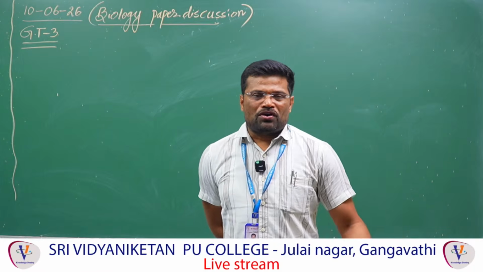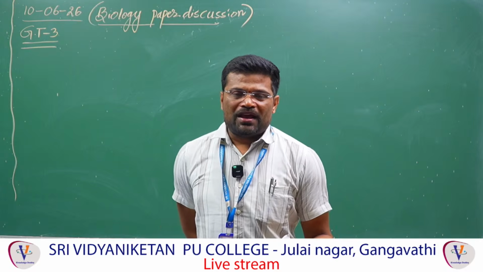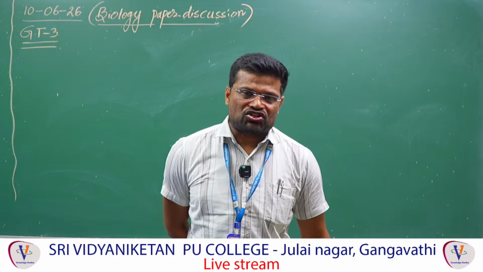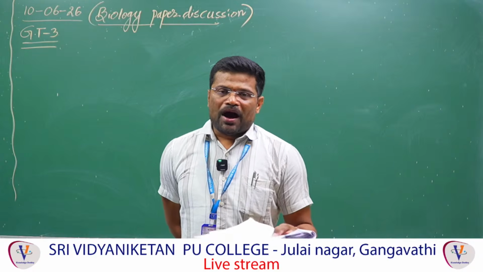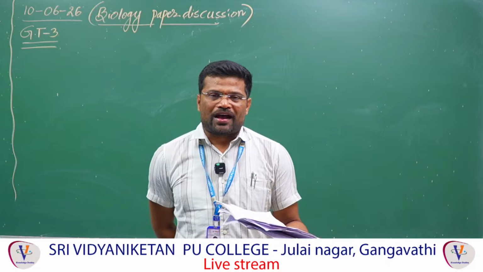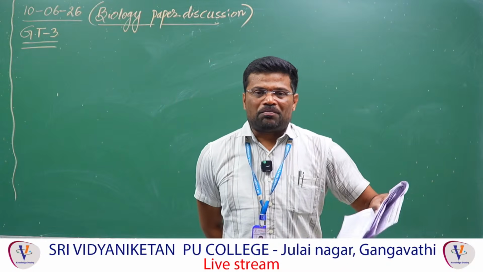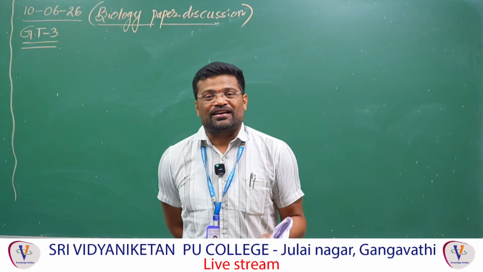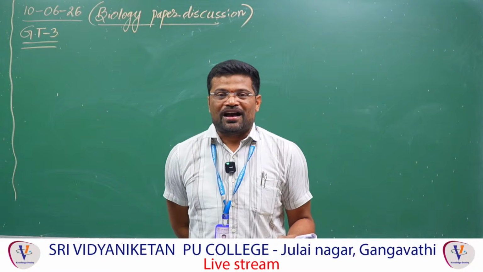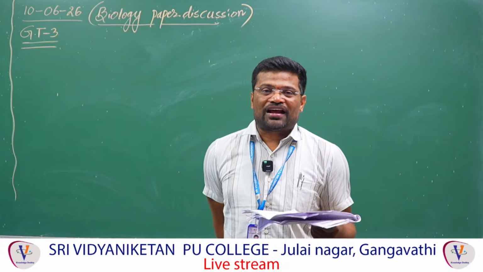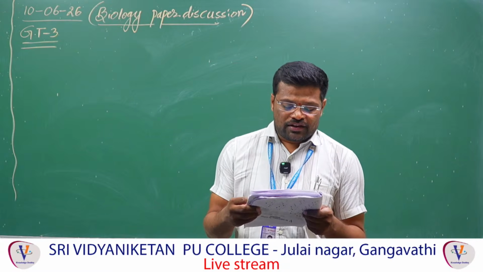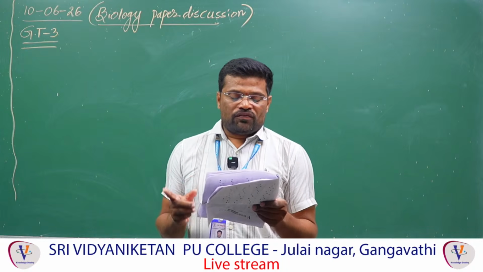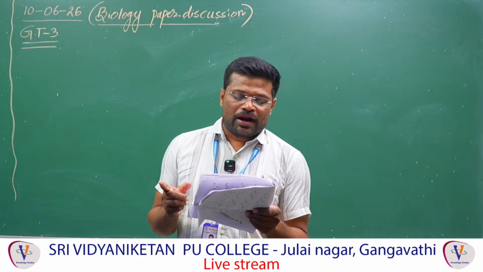In Obelia, polyp produces medusa by asexual reproduction. Later, medusa produces polyp by sexual reproduction alternately. This phenomenon is called metagenesis or alternation of generation. Answer is 4.